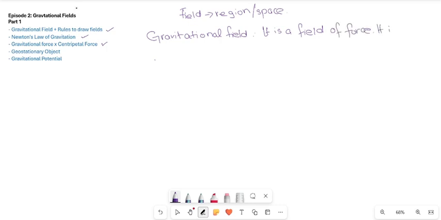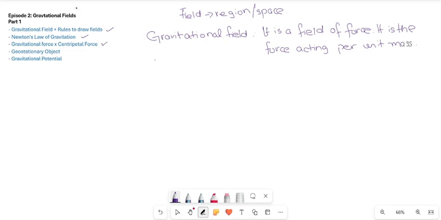It is the force acting per unit mass. So this is the gravitational field.